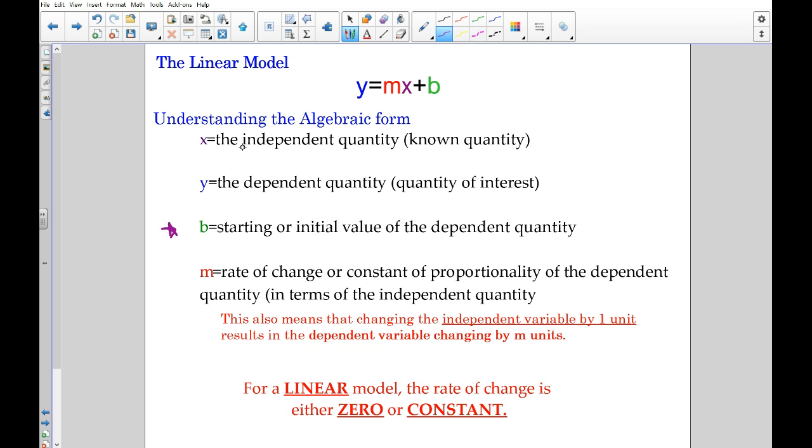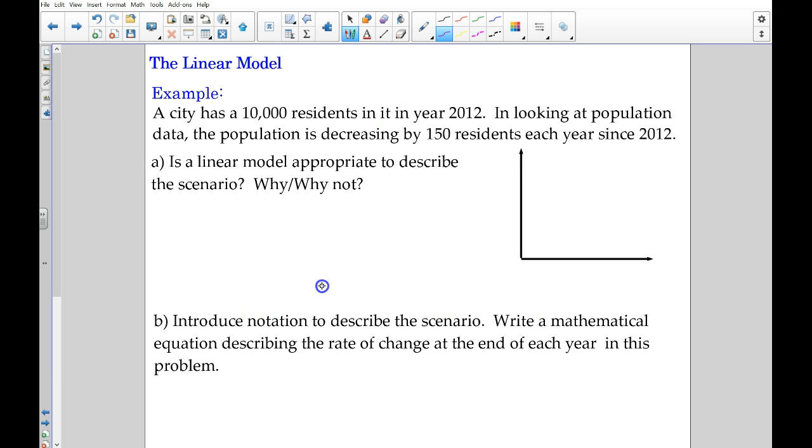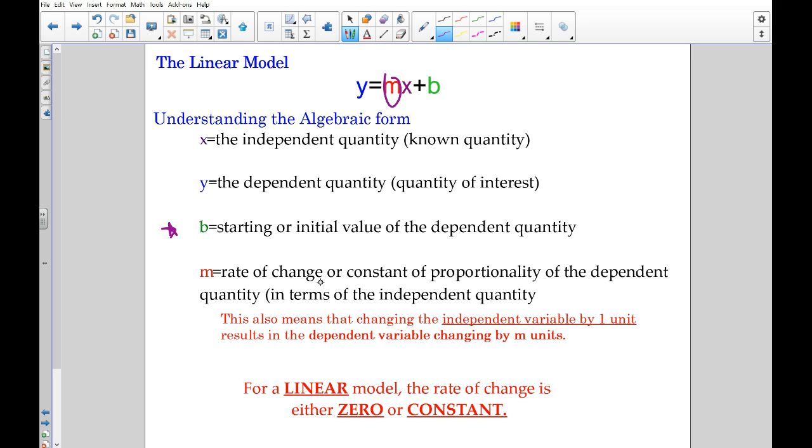We're going to change that over time. The other part of this linear model, m, we know is slope, but how we interpret it in a linear model is that it's a rate of change.